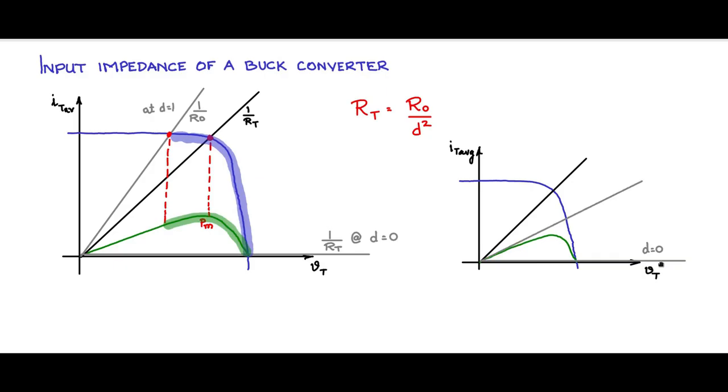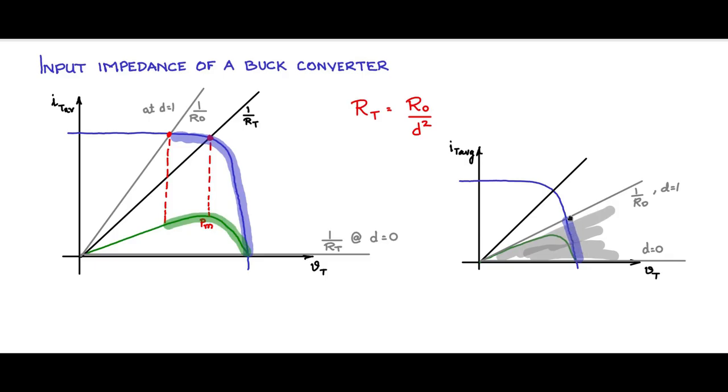And let us say I have another load line 1 by R0. So this is the other limiting case. Instead of being here, the R0 value is such that the slope results like this. So this is what you would get at D equal to 1. So for the buck converter, apparently all load lines will fall only within these two limiting cases, and this would be the range, the reachable operating points.